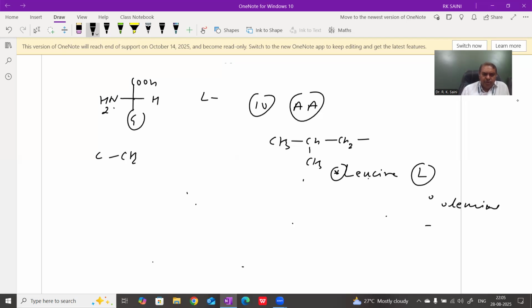If G is CH2 COOH, then it is known as aspartic acid. The single letter code is D.